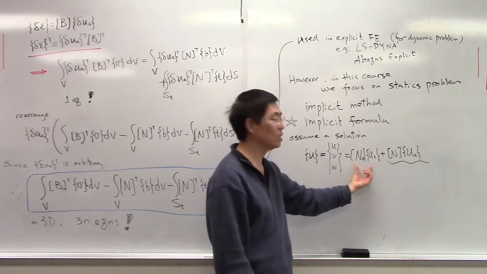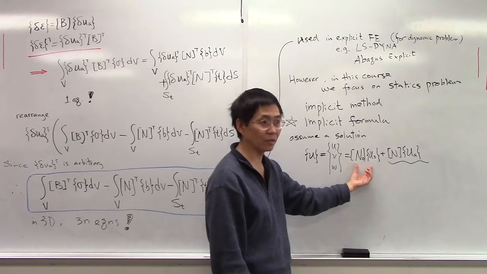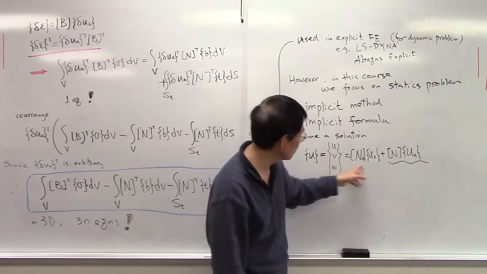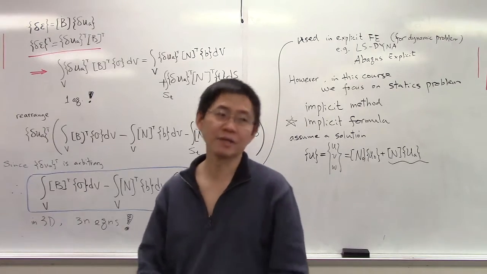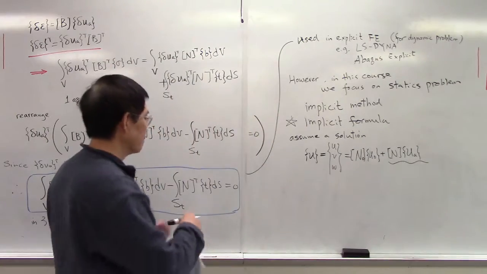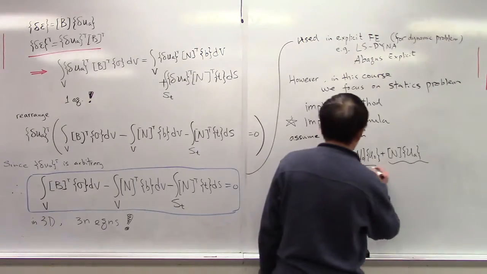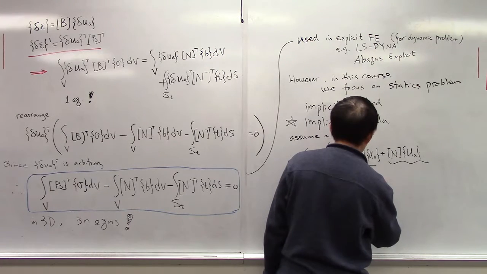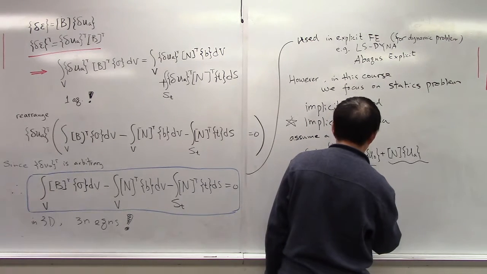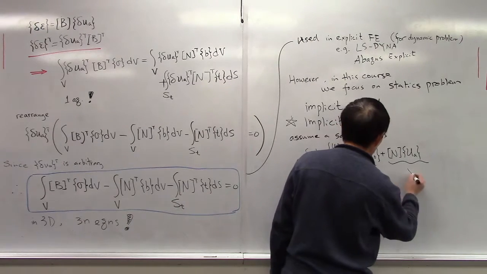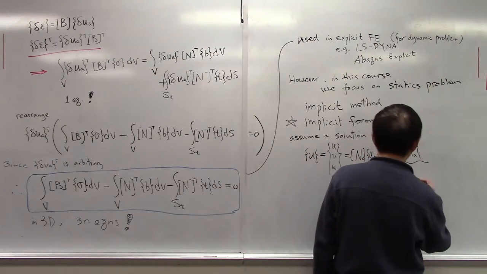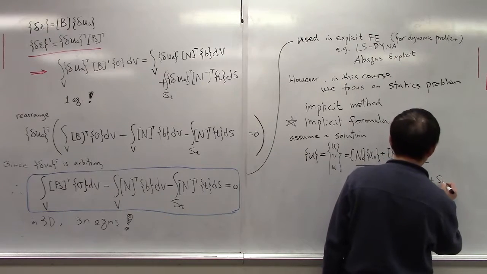We don't need to include the essential boundary condition. That is why we can do that, because we have that term that will take care of the essential boundary condition. Right? So this satisfies the essential boundary condition. This is 0 at Su.